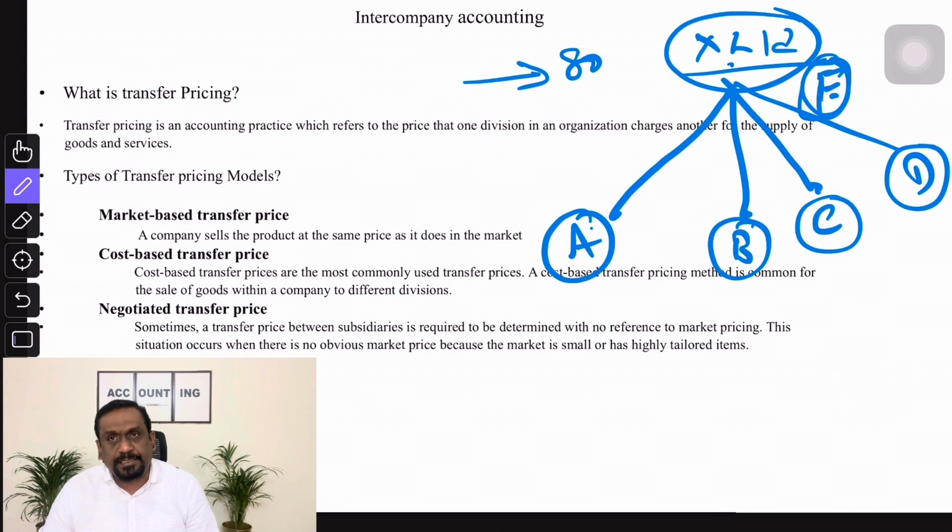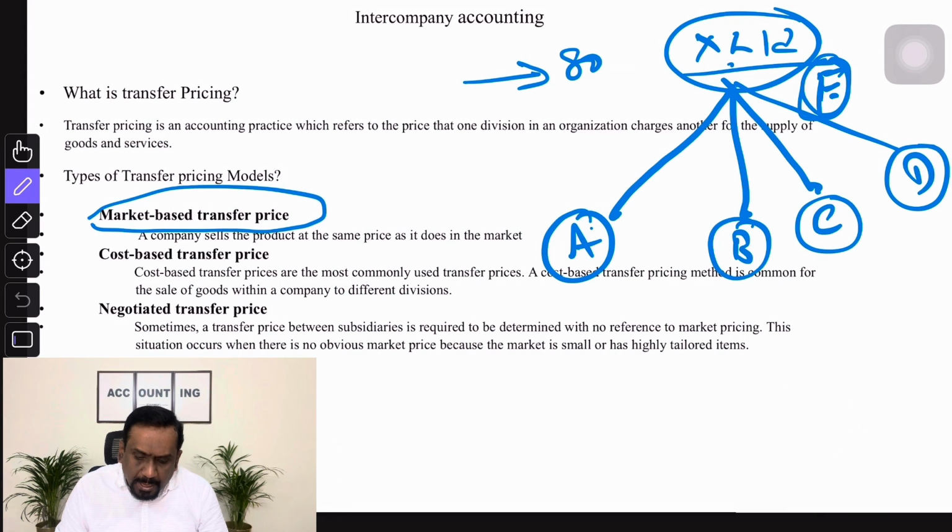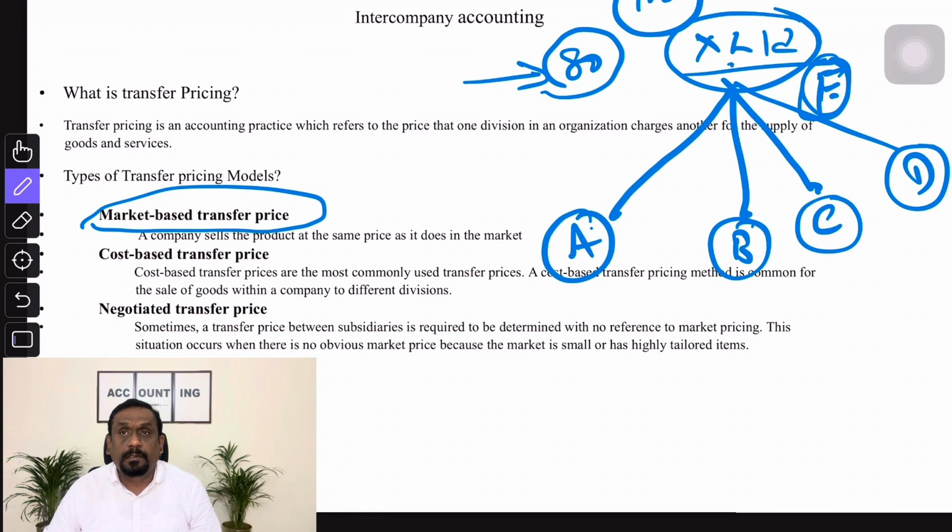This transfer pricing will be calculated in 3 different models. One is market-based transfer pricing. What do you mean by market-based transfer pricing? 80 rupees is the manufacturing cost of a product. In the market, this F product is available for 100 rupees.